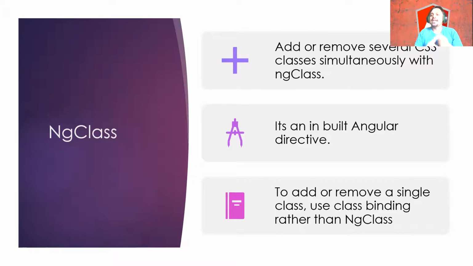Class binding is only used for a single class, while NgClass is used when you have multiple classes and need to apply certain classes based on certain conditions. In that scenario, you need to use NgClass. It's an inbuilt Angular directive.